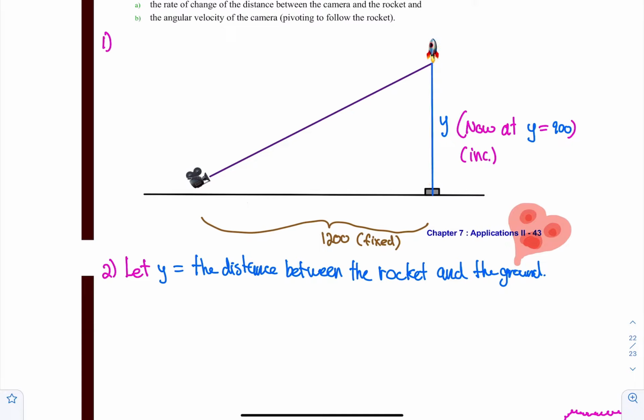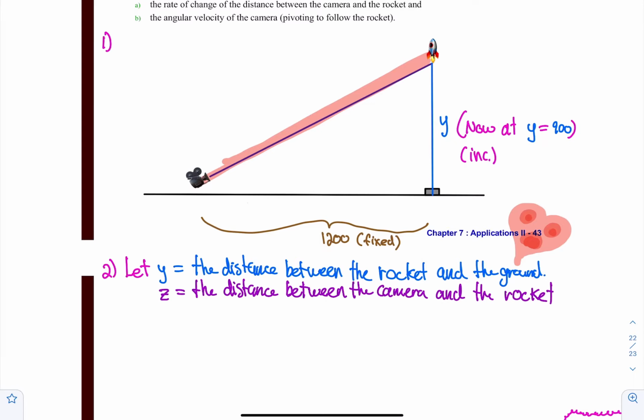Another variable: the distance between the camera and the rocket. I like to use z for distances that are not horizontal or vertical. You can use x if you want, it really doesn't matter. I just don't like to use my x too much. So let z be the distance between the camera and the rocket.